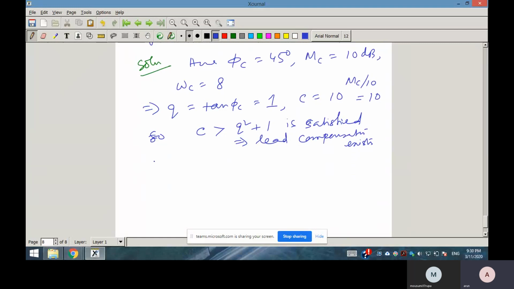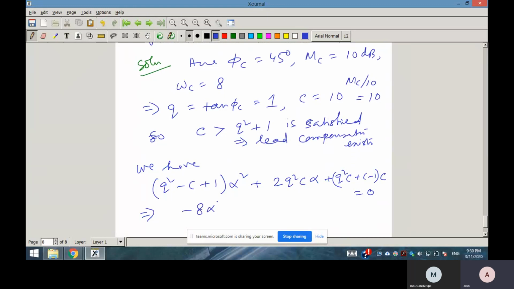Now how to get the parameters? We just solve the quadratic equation: Q square minus C plus 1 into alpha square plus 2Q square C into alpha plus Q square C plus C minus 1 into C equals 0. If you substitute these values, it becomes 8 alpha square plus 20 alpha plus 190 equals 0, please check it.